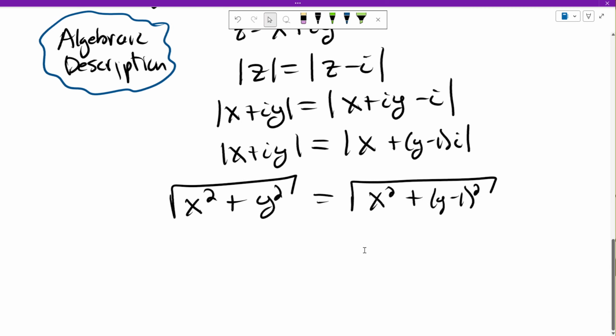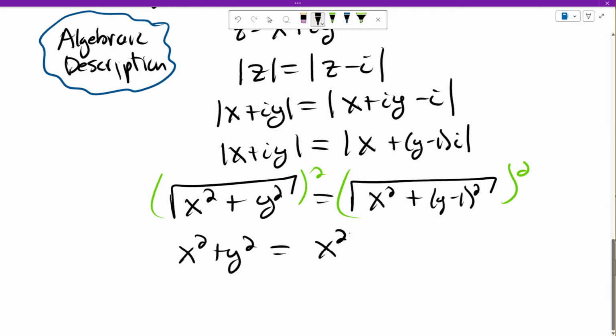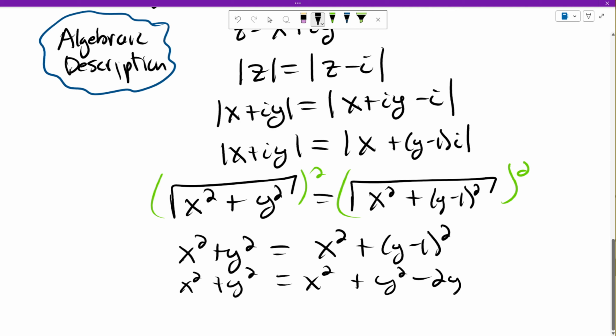Now, the square root is kind of messing things up. So let's square both sides to get rid of that square root. When we square it, the left-hand side will be x squared plus y squared, and the right-hand side will be x squared plus y minus 1 squared. And we could write that y minus 1 squared as y squared minus 2y plus 1.